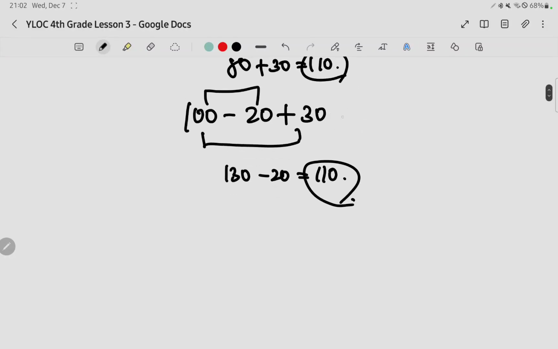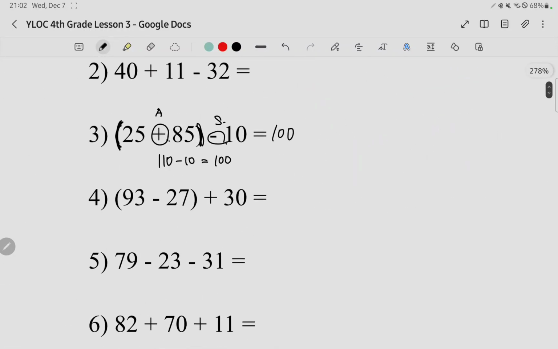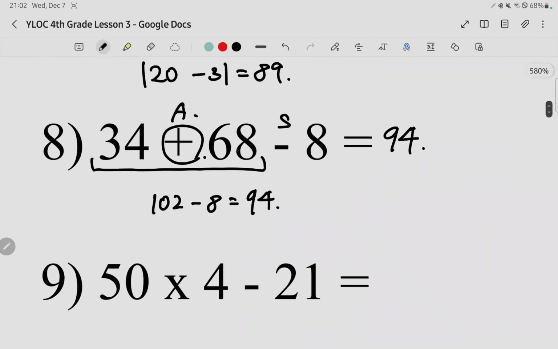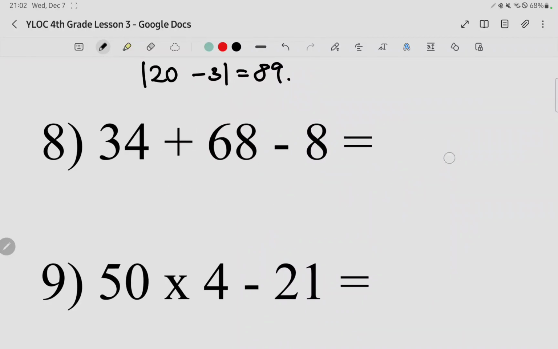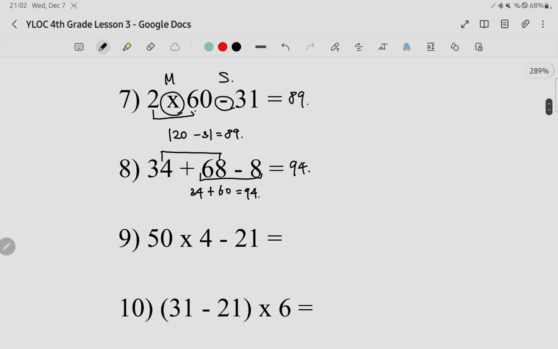But if you have one more operation that is different from addition and subtraction, then this won't work because you have to multiply these two first. Going back to number 8, if you subtract 68 and 8, which is 60, and add 34, this is way easier than adding these two and subtracting 8, and you get to the correct answer quicker.